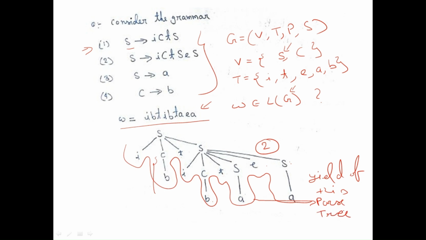Fine. So what exactly is the yield? I B T I B T A E A, which is nothing but W itself. So we can say that this W has been derived from the start variable, so it belongs to the language generated by the grammar G.